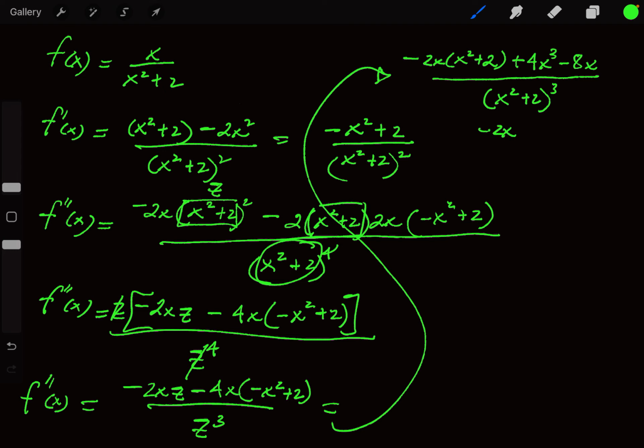Negative 2x cubed minus 4x plus 4x cubed minus 8x, over (x squared plus 2) cubed.